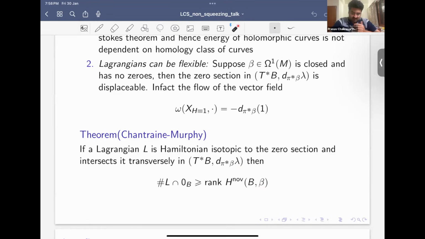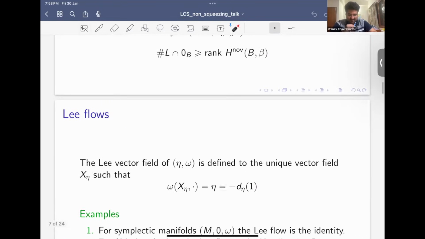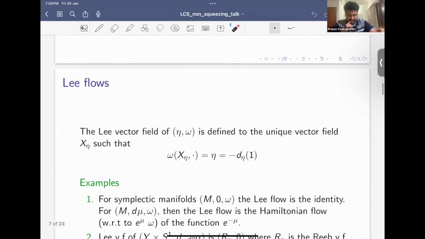So this is sort of like an Arnold conjecture for these manifolds, but the problem again is that if beta has no zeros, this number is just saying that it's greater than zero, because the Novikov homology would then vanish. So there is something, but it's not optimal still.